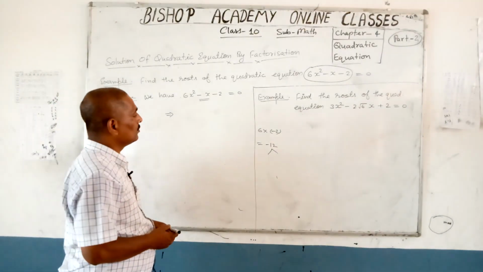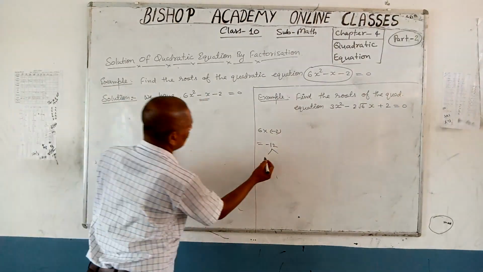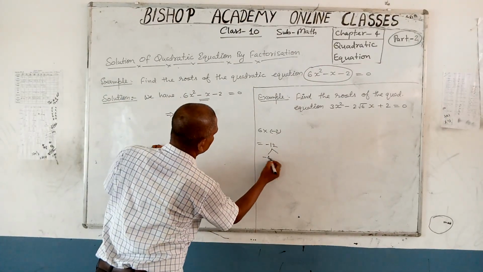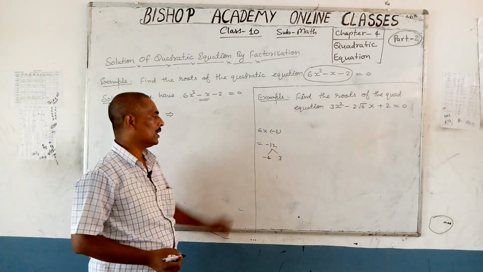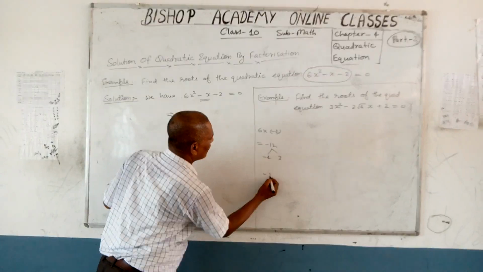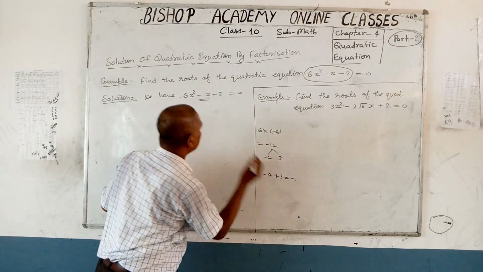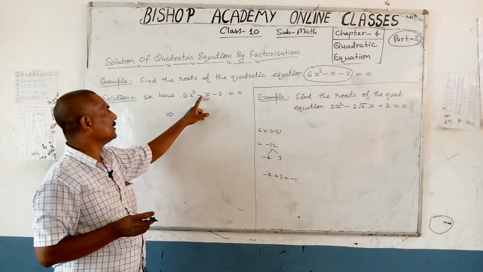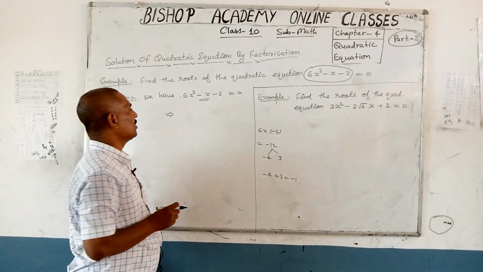With the help of those factors, you can split this term. You can find minus 4 and 3. The product of minus 4 and 3 is minus 12, and when you add minus 4 plus 3, you get minus 1. So here you can see minus 1x, minus 1 is the coefficient of x.